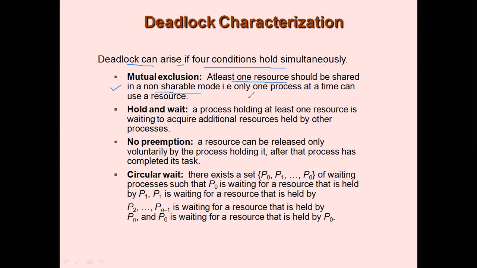That is, if a resource is in a non-shareable mode, more than one process cannot access that resource, so only one process can be accessing that resource. So only one process at a time can use a resource. This is mutual exclusion.